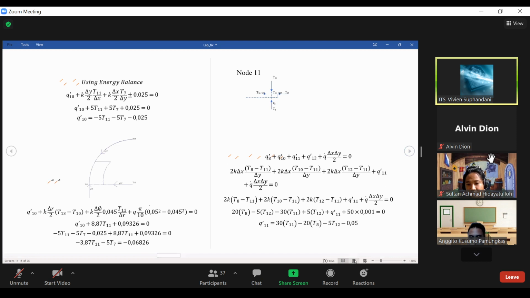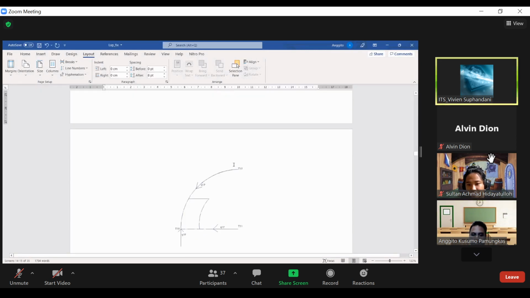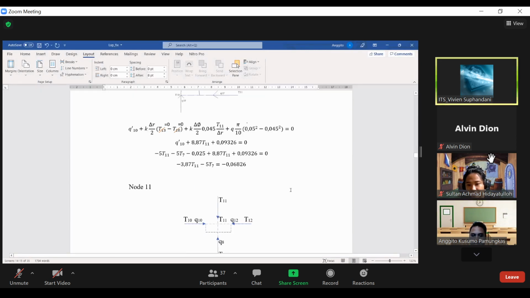Can you show it in the regular view? Sorry, it's very small. Okay, so node 11.